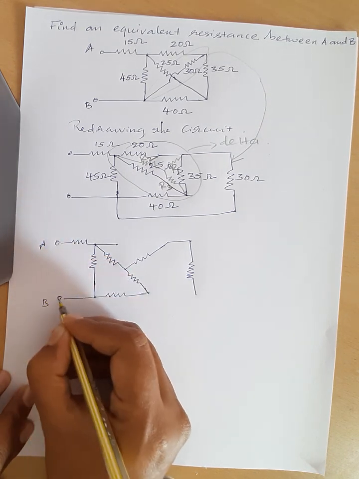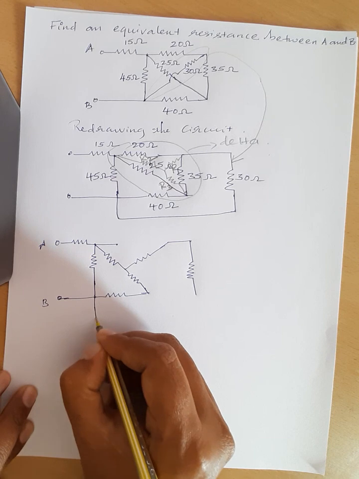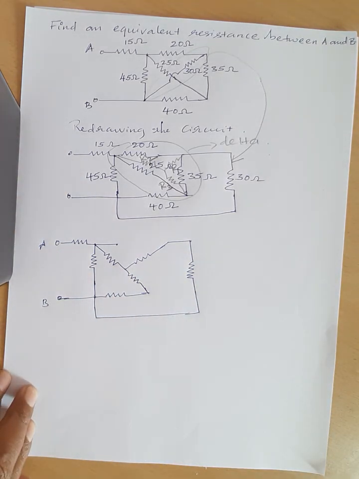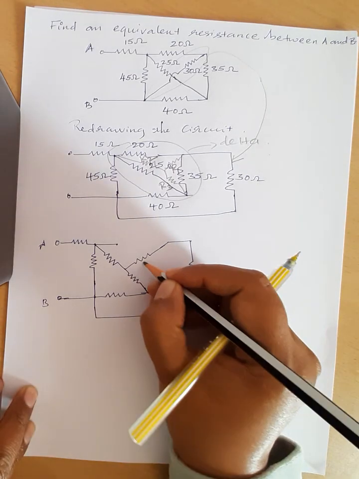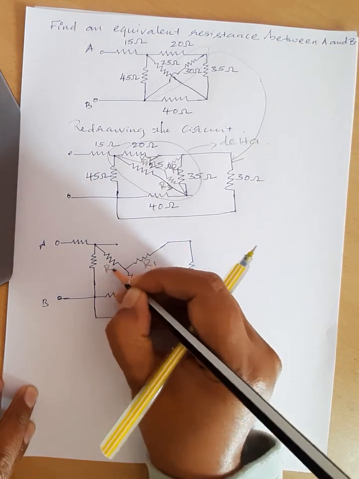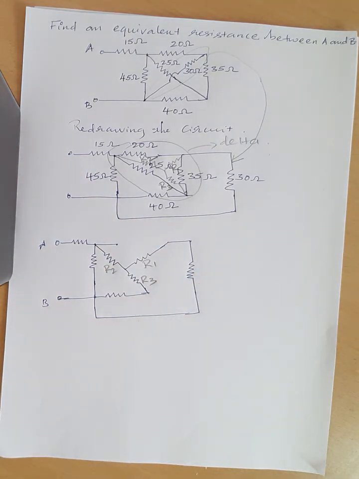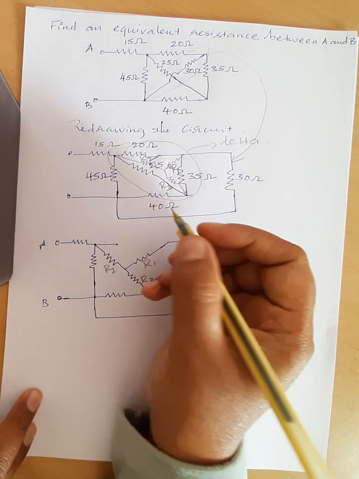I'm keeping the same circuit, but only the delta network I'm now replacing with a star network, and the resistances I'm taking as R1, R2 and R3, and the remaining values you just write as they are.